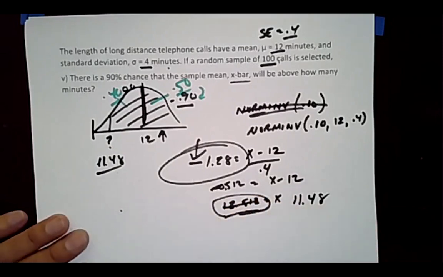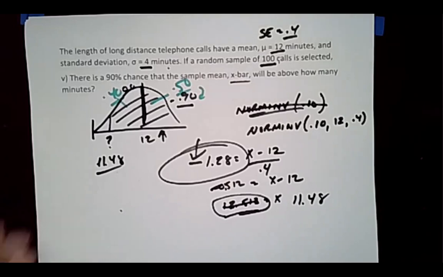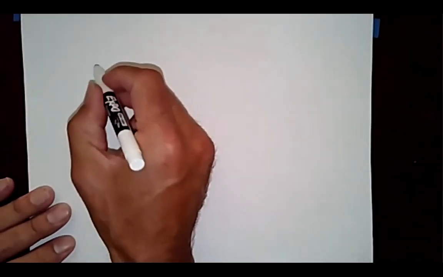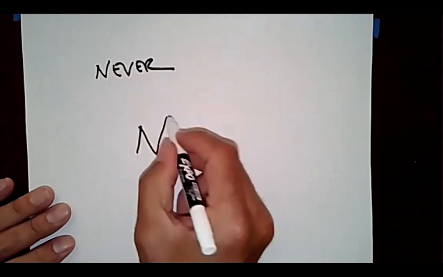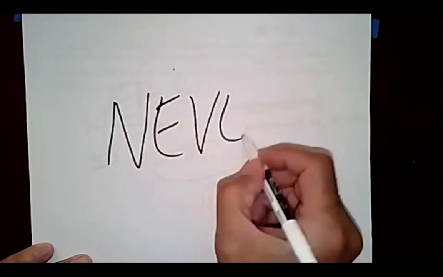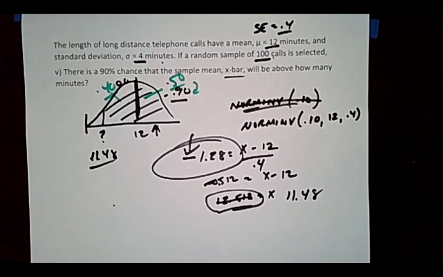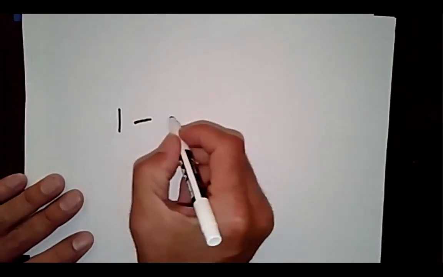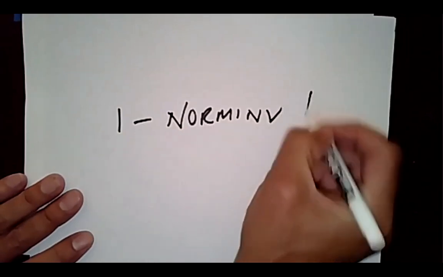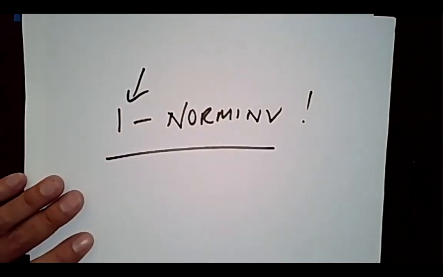Now, while we're on this problem, I'm going to make another comment. Ready? Never, never 1 minus norm INV.